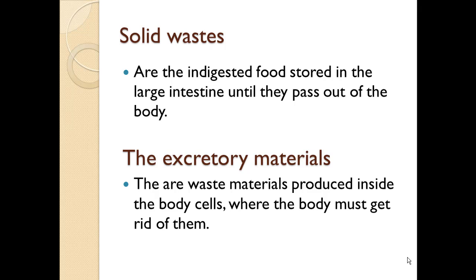The other type of waste is the excretory materials. Again, what are the excretory materials? The excretory materials are waste materials produced inside the body cells, which the body must get rid of.